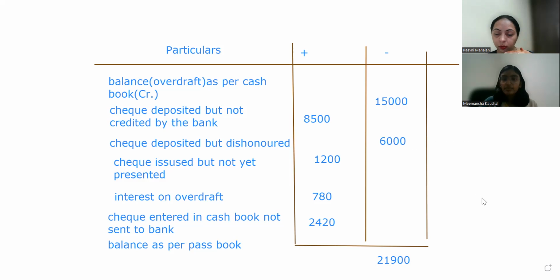Bring this down, the amount which has to be deducted. 8,500, 1,200, 780, 2,420. You have to add and write the total under 15,000. Then you have to add that and deduct 6,000 out of that. So we do all that in the minus section, right?